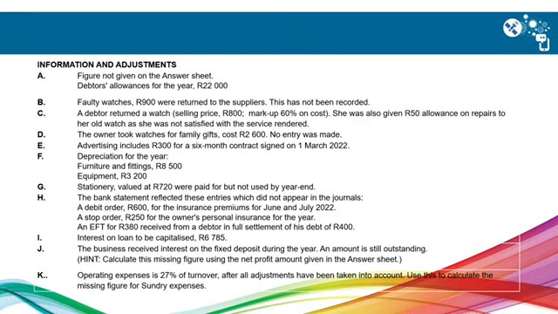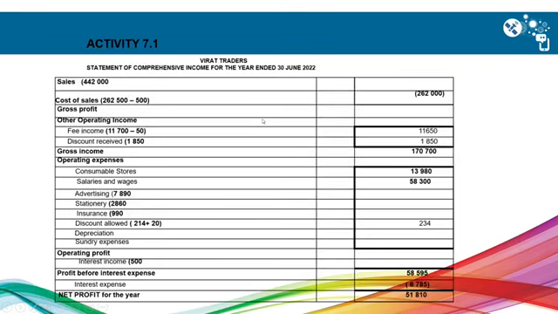So here we have all the adjustments, which we will work through one by one. And then what ma'am has referred to, there is your statement of comprehensive income with figures that has been pre-punched in for you already.